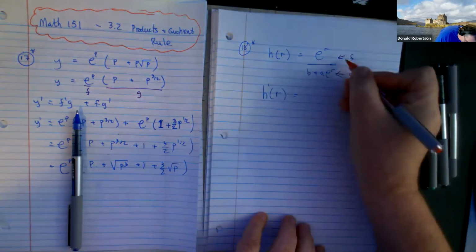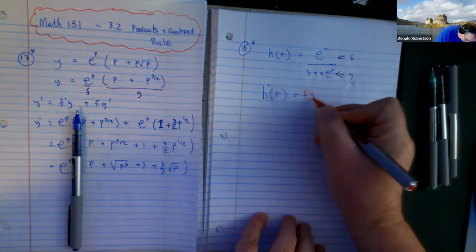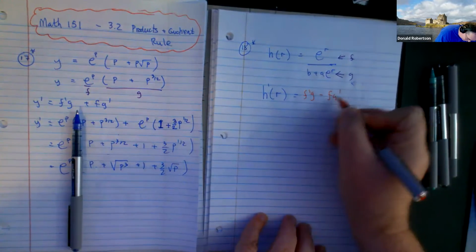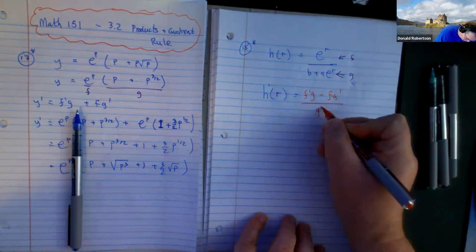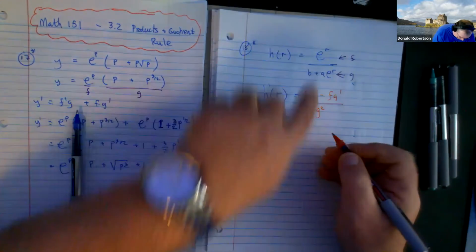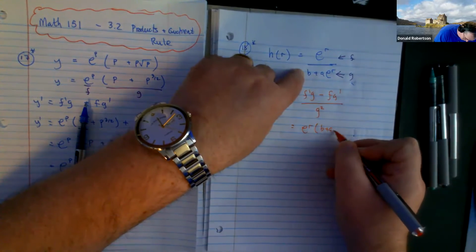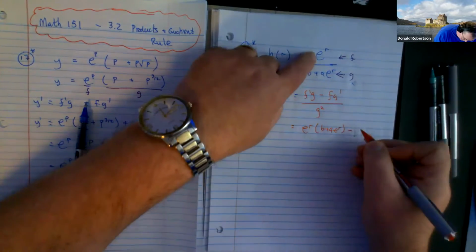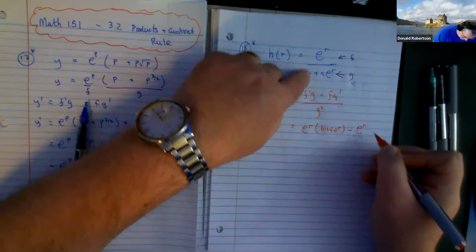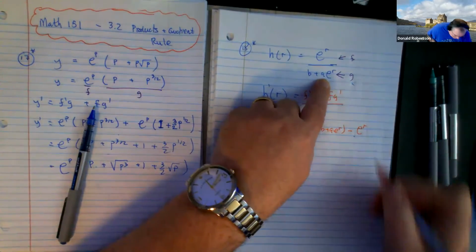So in this case, it's going to be f dash g, take away f of g dashed, all over g squared. If you differentiate the top, you get that, and you leave the bottom alone. Take away, you leave the top alone. And now we've got to be careful.